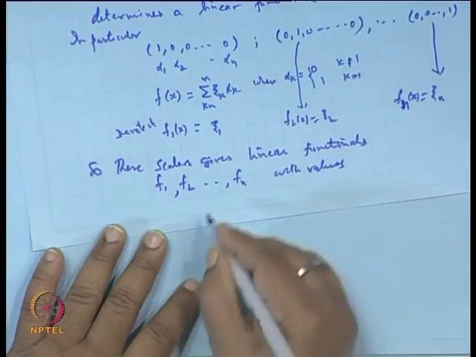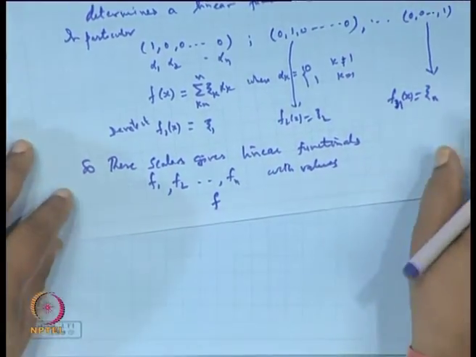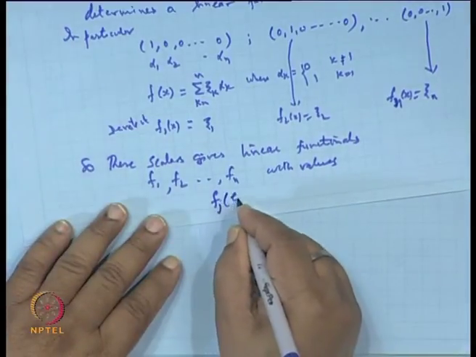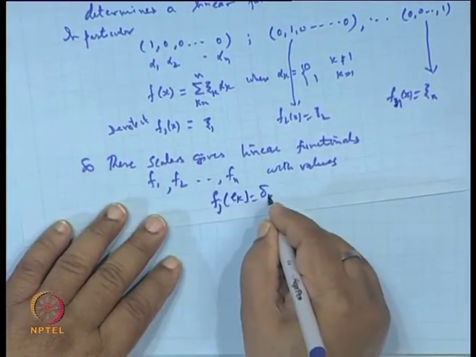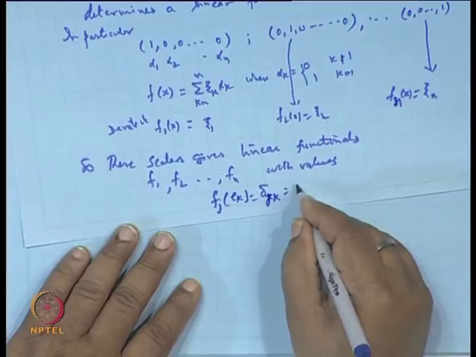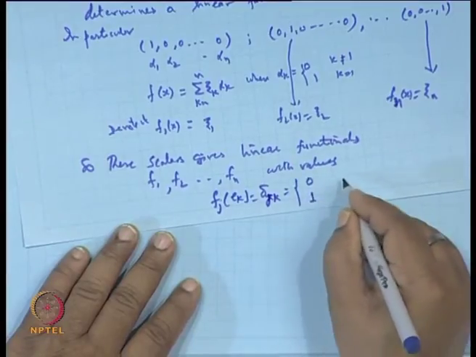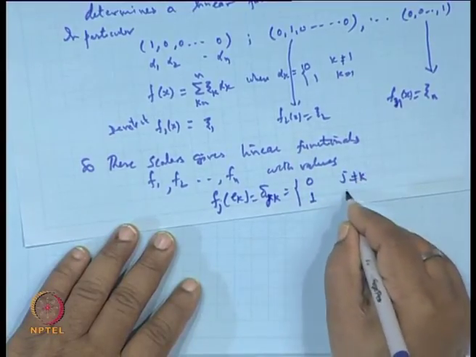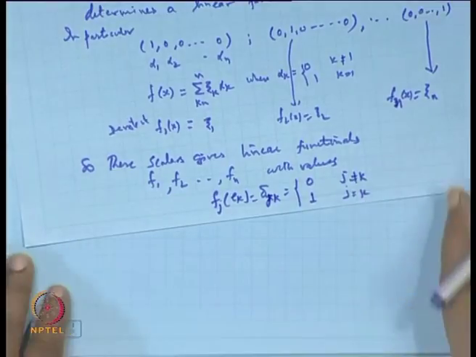with the values like this: f j of E k is nothing but the Kronecker delta j k, which is equal to 0 if j is not equal to k and 1 if j equals k, is it not?